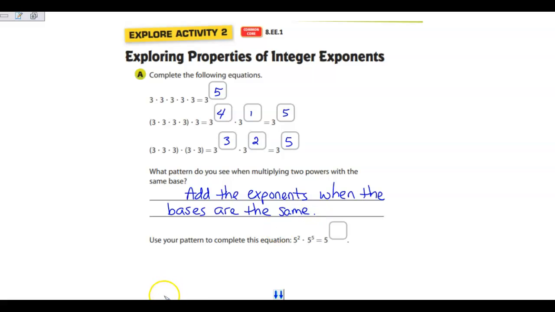Okay, so knowing that we did that, 4 plus 1 was 5, 3 plus 2 is 5.